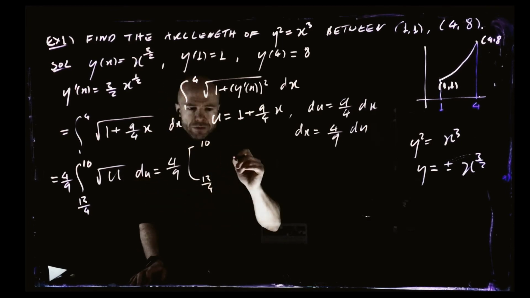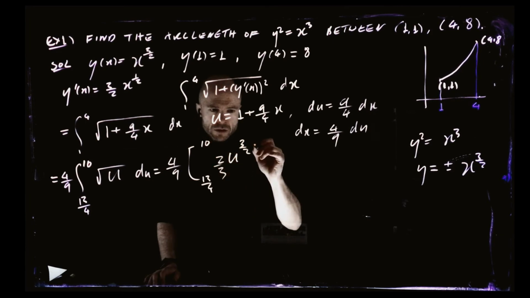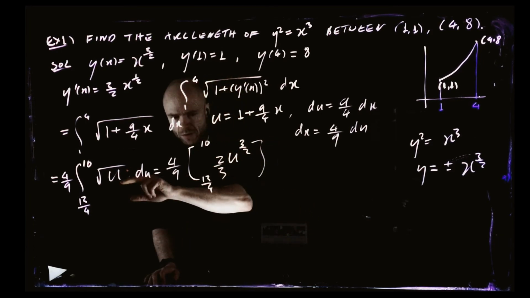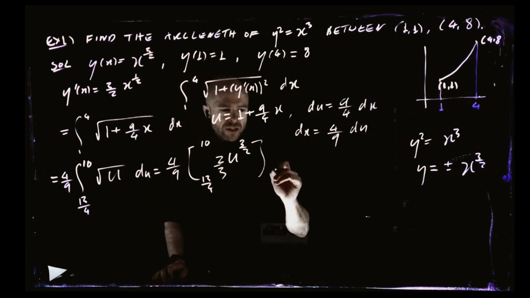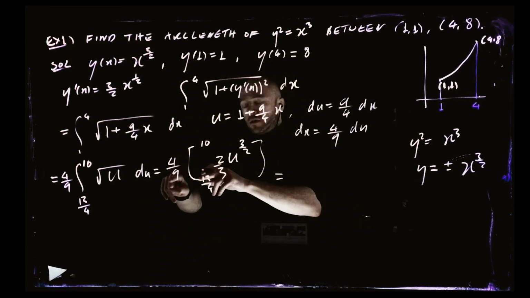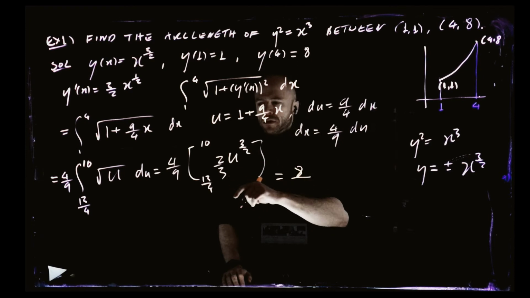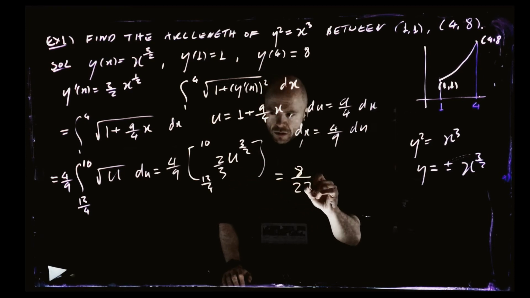And then what's the antiderivative of this? We're going to take u to the 3 over 2 times 2 over 3. Yeah, if we differentiate that, we get this. Huh? And then we try and clean things up. So we can have 2 times 4, so 8 over 3 times 27, right?